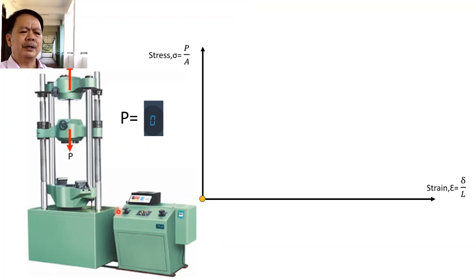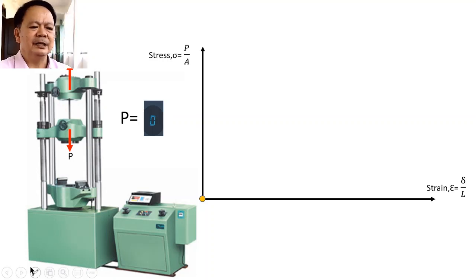Ang example ng drawing ng stress-strain diagram ay sa pamamagitan ng pagsasubject ng ating material sa tinatawag nating axial load. At ang makikita natin dito ay isang example ng isang universal testing machine na ginagamit to test the strength of a material, and from here, the stress-strain diagram is drawn.